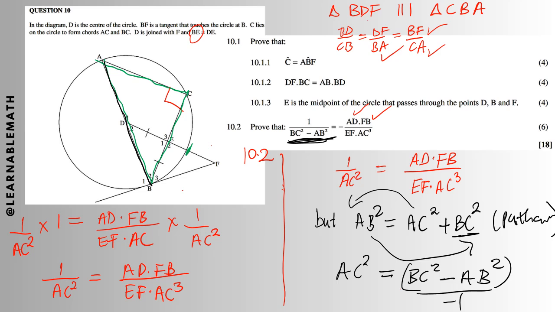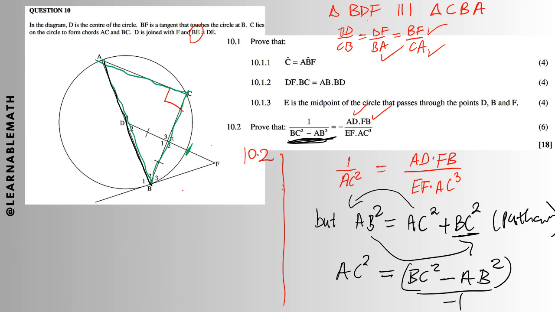Then finally you just go and substitute. So when there is AC squared, I'm going to put this. So it's negative there, right? I'm just going to put BC squared minus AB squared, divided by -1. That is where AC squared is.